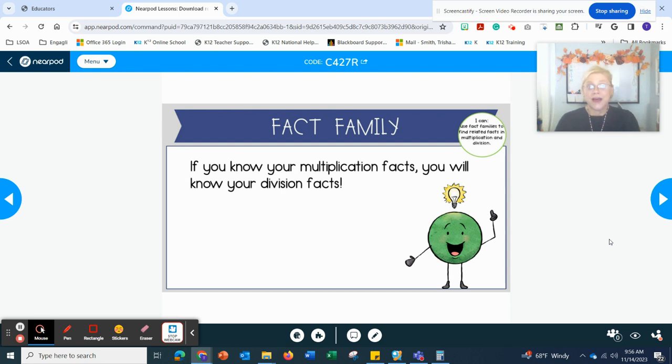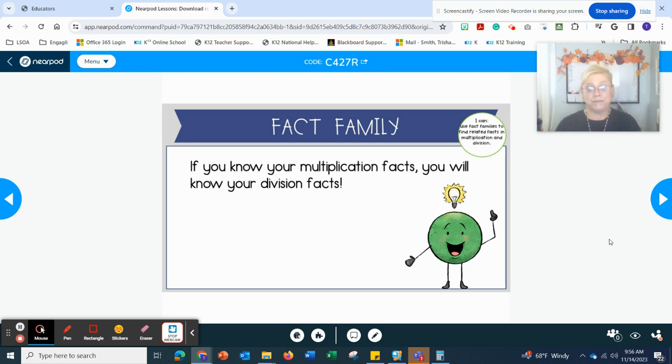That's why it is so important to have that automaticity. Now, if you don't have it, don't think Miss Smith is going like, oh my goodness, you don't have the automaticity? Because I'm not. We've talked about this a million times. Miss Smith doesn't have the automaticity. I worked on it through the years, but definitely when I was in third grade, I didn't have it. I was still modeling it out. And still, for me, I have to picture it. I have to see it.